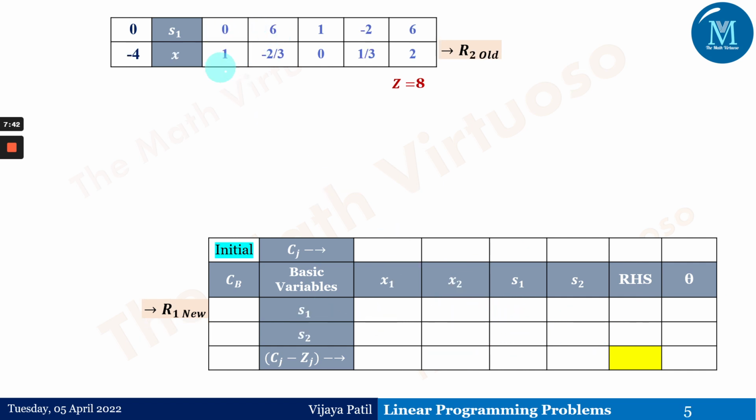Moving ahead, this is what we have written from the last step, and if you observe here, this 6 is the pivot element for the previous step, because this is getting in and this was leaving the basis. This is the second table, so this is the initial, first, and this is the second. Now again it's 4, minus 2, 0, 0.